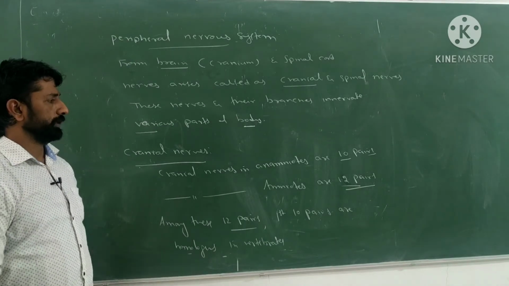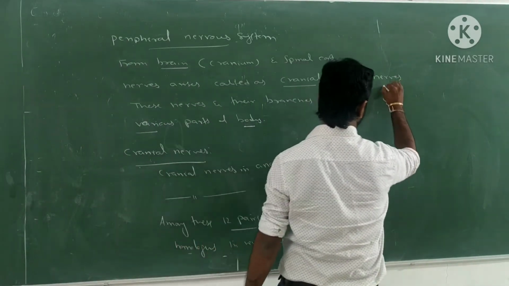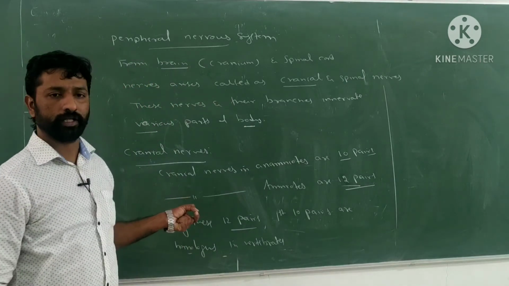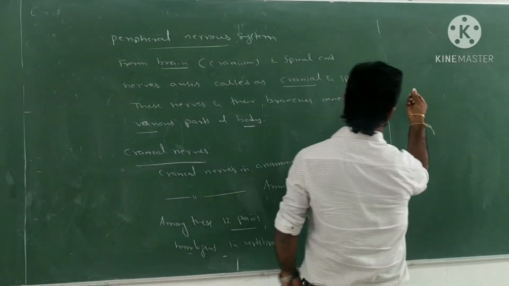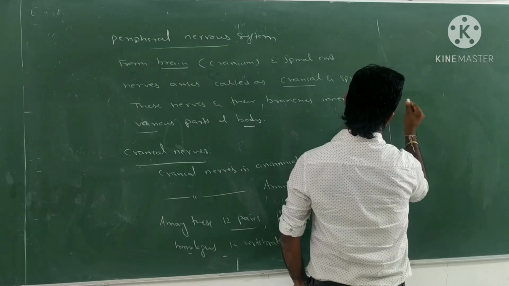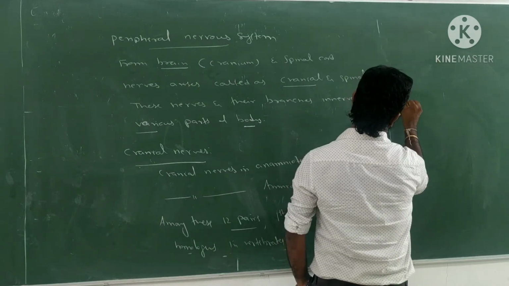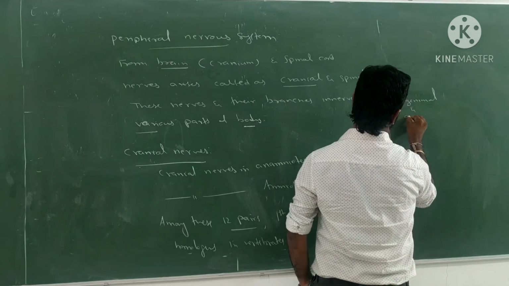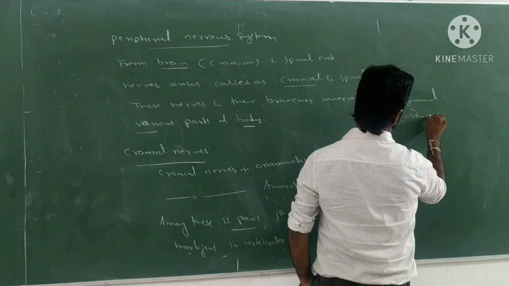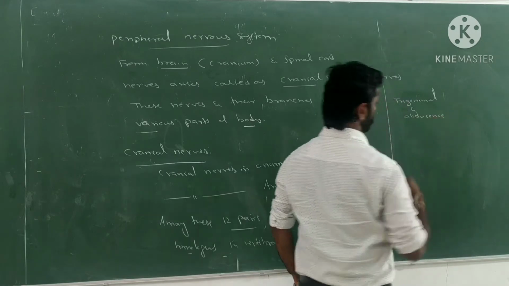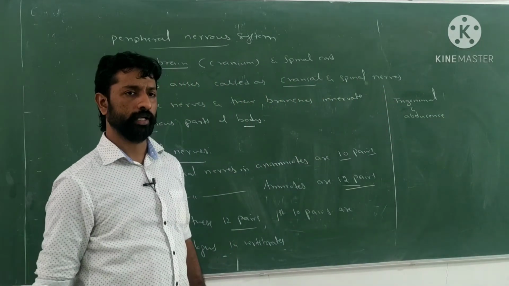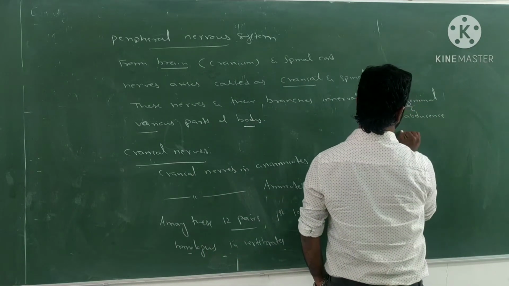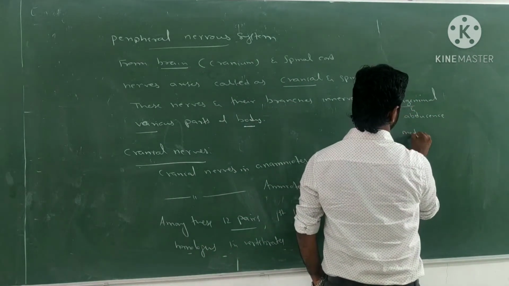Before that, let's name some of the cranial nerves. For example, the trigeminal and the abducens, and along with that the median nerve.